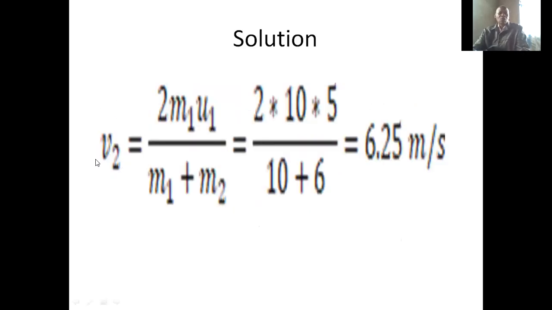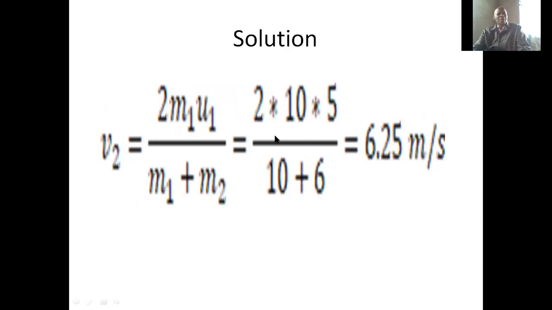And so the simplified version of the whole equation, as we did earlier on, gives us that velocity 2 is equal to 2 multiplied by mass 1 multiplied by initial velocity 1, over mass 1 plus mass 2. You may now substitute: 2 times mass 1 which is 10 kg, initial velocity 1 is 5 meters per second, over mass 1, which is 10 kg, plus mass 2, which is 6 kg, and you get 6.25 meters per second.